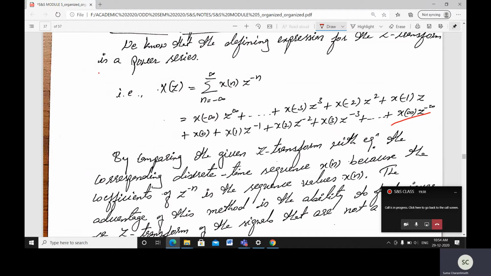By comparing with the given z transform equation, the corresponding discrete time sequence x of n is given by the coefficients of z raised to minus n.